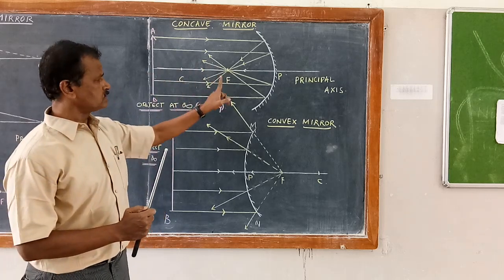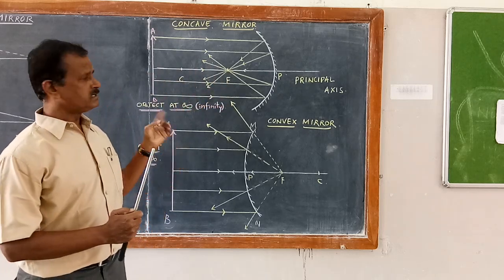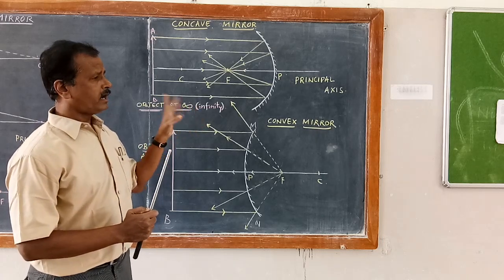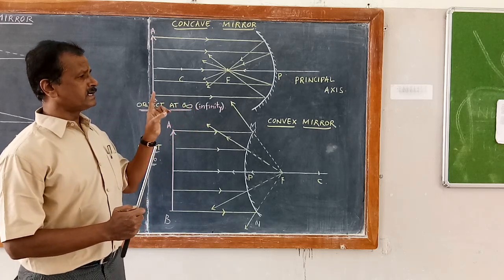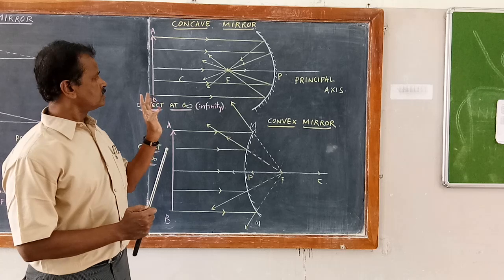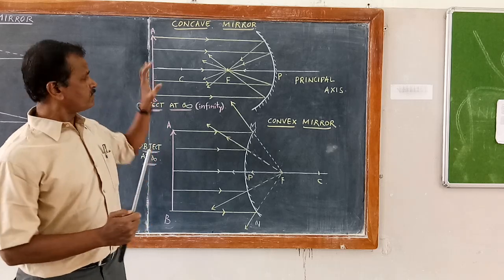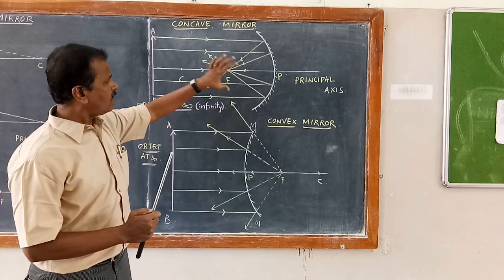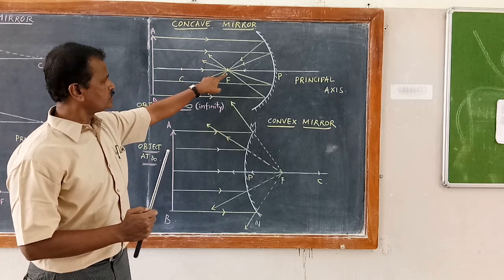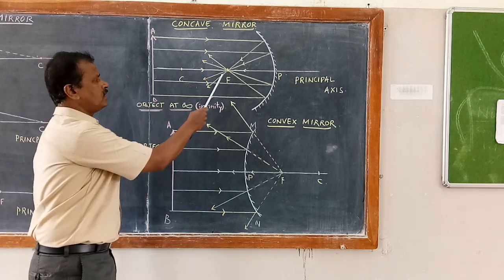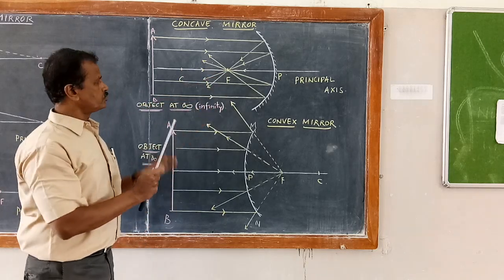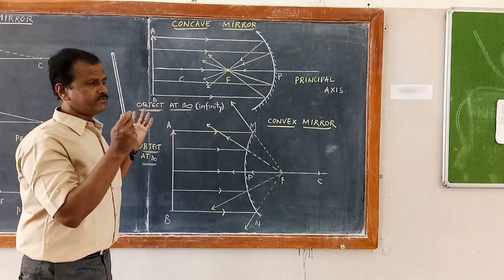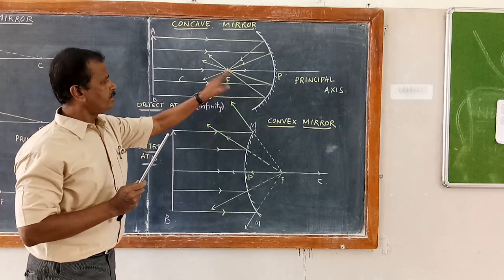So principal focus for a concave mirror is defined as that point at which the reflected rays of those incident rays which are falling parallel to the principal axis, after reflection, converge to a single point and they form a point image. So huge object at infinity is going to form a point image.